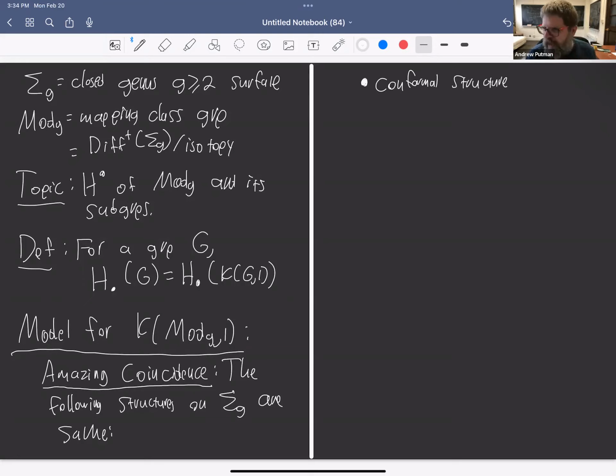So that's just the data you need to measure angles between tangent vectors. Maybe you don't know the lengths of tangent vectors, but you can measure angles between them. Another structure you might put on there would be a hyperbolic metric, so a metric of constant curvature -1. It turns out that inside every conformal class, there's a unique hyperbolic metric that realizes that conformal class. Okay, so that's metrics of constant curvature -1. Another structure would be the structure of a Riemann surface.